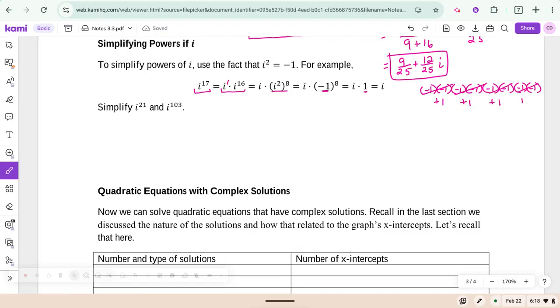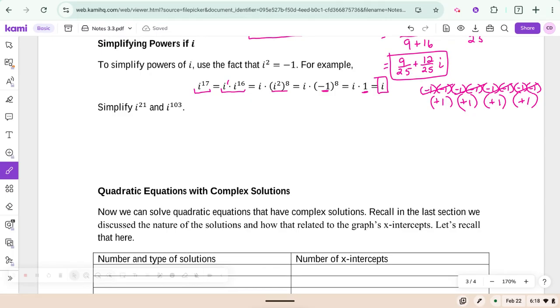Because a negative 1 times a negative 1 is a positive 1. And so I have 4 positive 1s, which gives me my answer of positive 1. And of course, positive 1 times i is i. So i to the 17th can be simplified to simply being i.